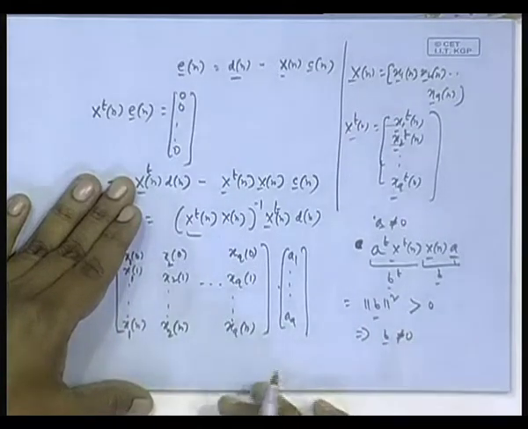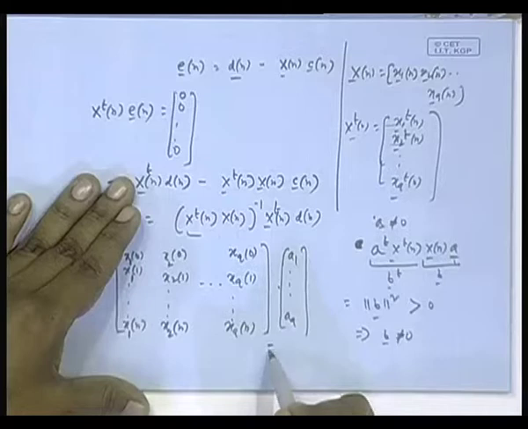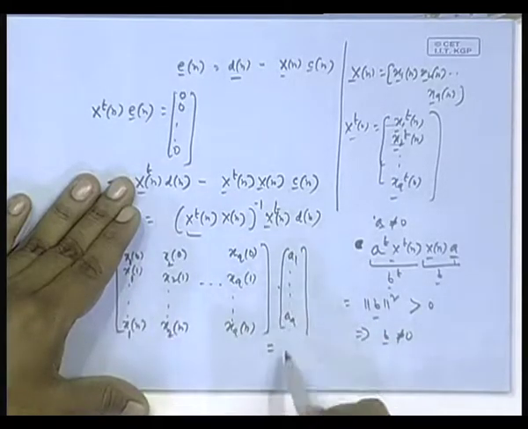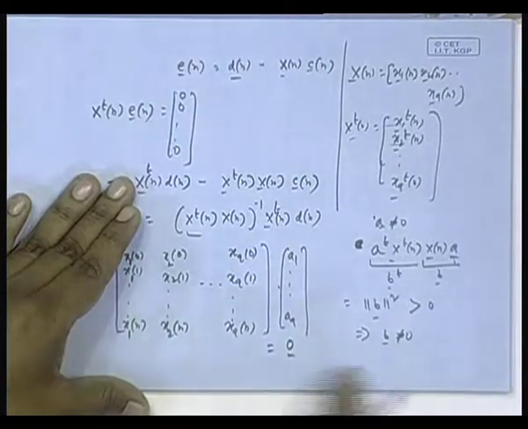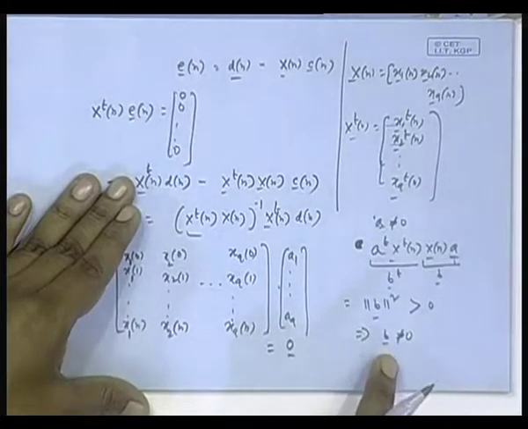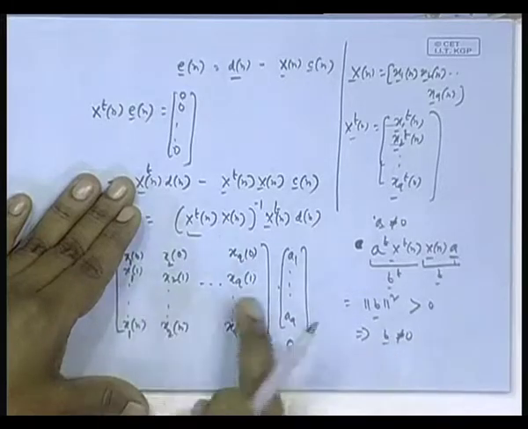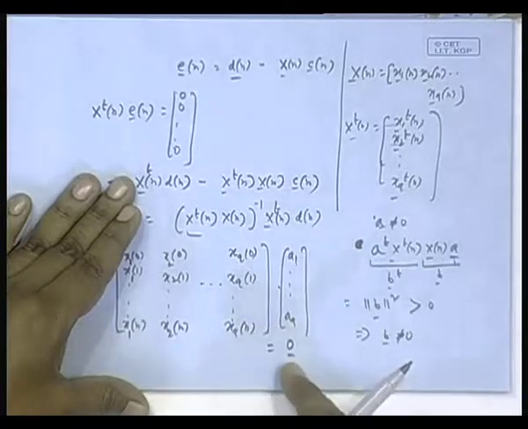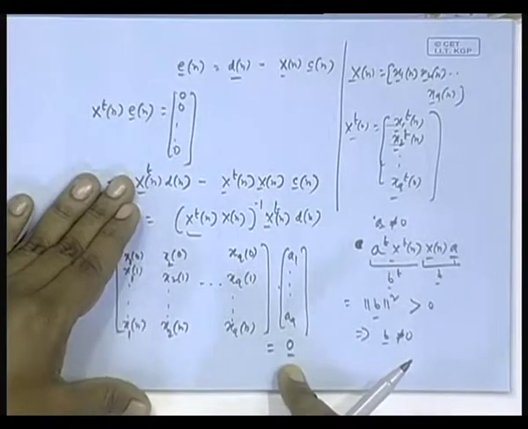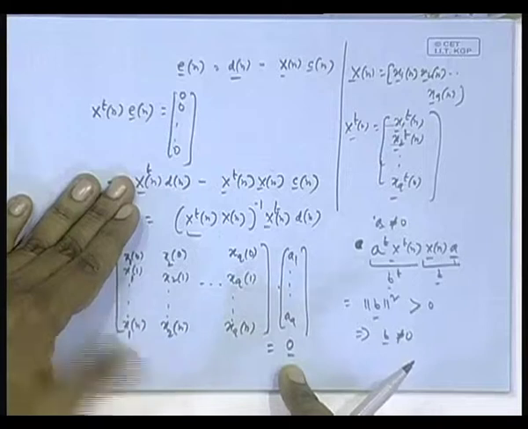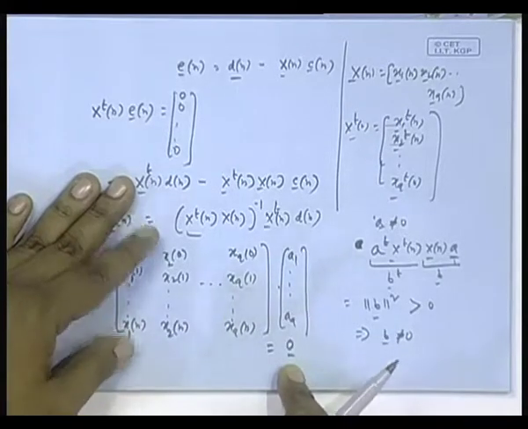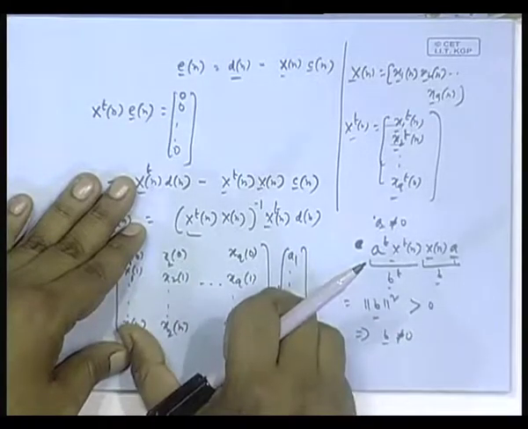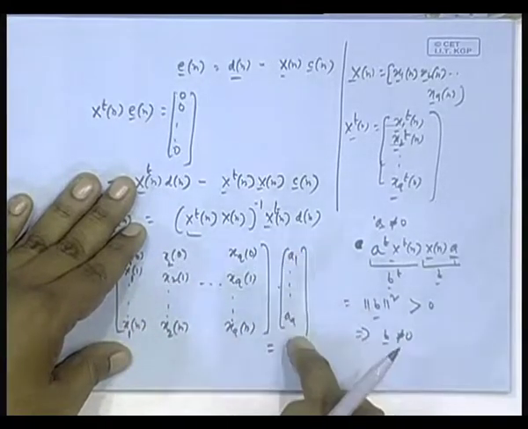The answer is I do, because if you can find a non-zero A vector so that this matrix times A is 0, I am trying to see the case when B equals 0. If they are dependent, then only it is possible. If this into A is 0, then I am a definite loser. How? That is the question. If it is strictly not 0, like if they are linearly independent, combined, definitely it is not a zero vector, because A is non-zero.